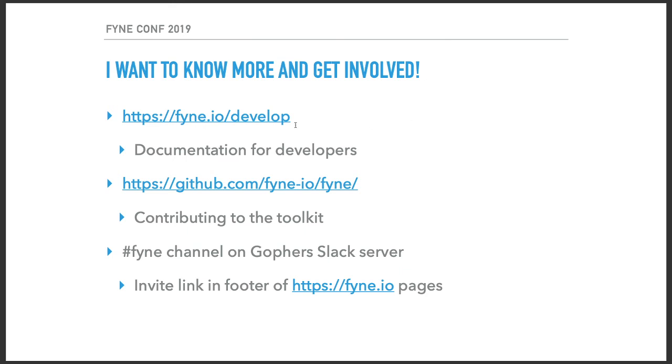The first link on this slide shows documentation for developers. If you want to know more about the project or how it was designed or how you can use it out with the API documentation, that is a place to go. If you would like to actually make some contributions to the project, you should go to our GitHub account and find the Fyne project.